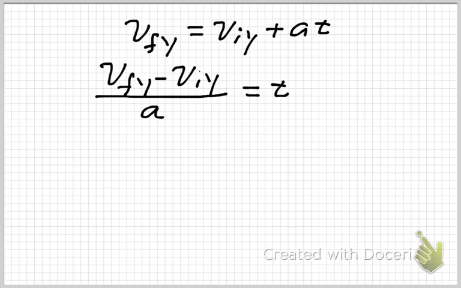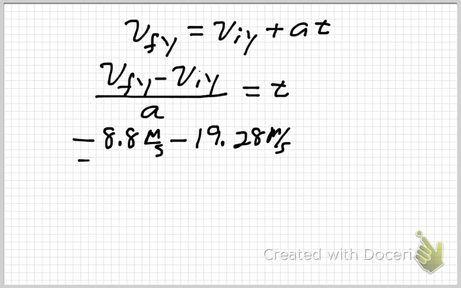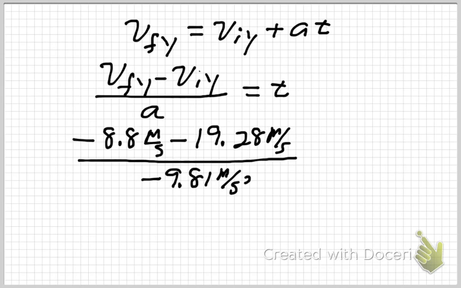Now, when I put in my numbers, my velocity final in the y direction was negative. So it's a negative 8.8 meters per second minus my initial 19.28 meters per second, over acceleration due to gravity, negative 9.81 meters per second squared. And that will give me 2.86 seconds for the time in the air.